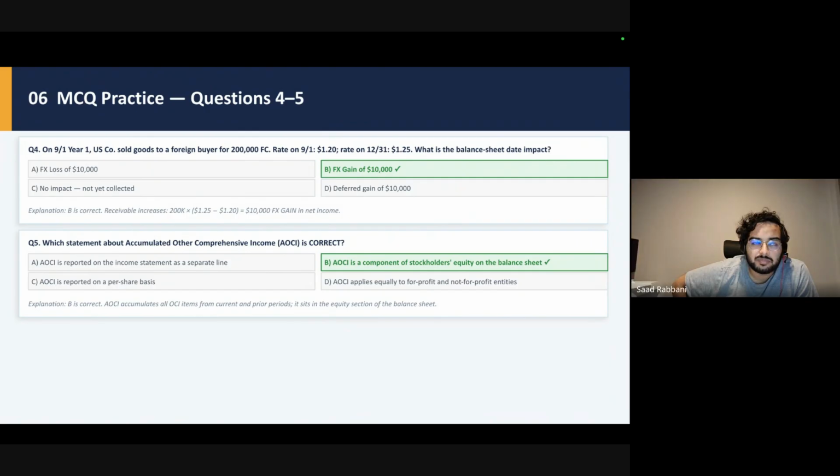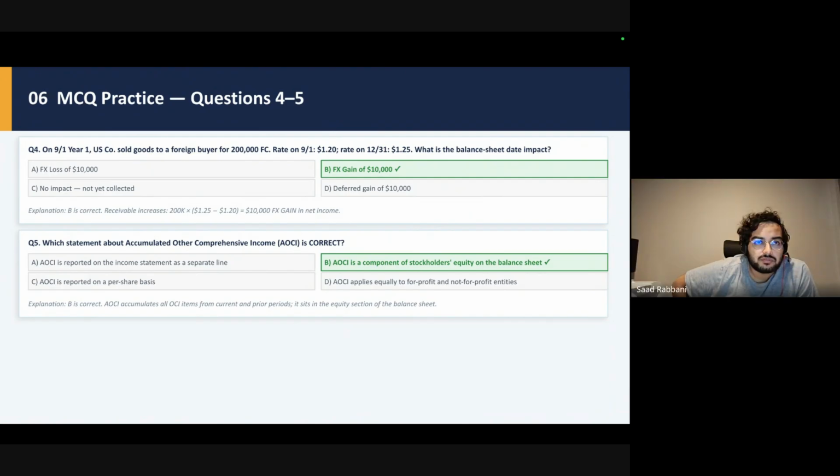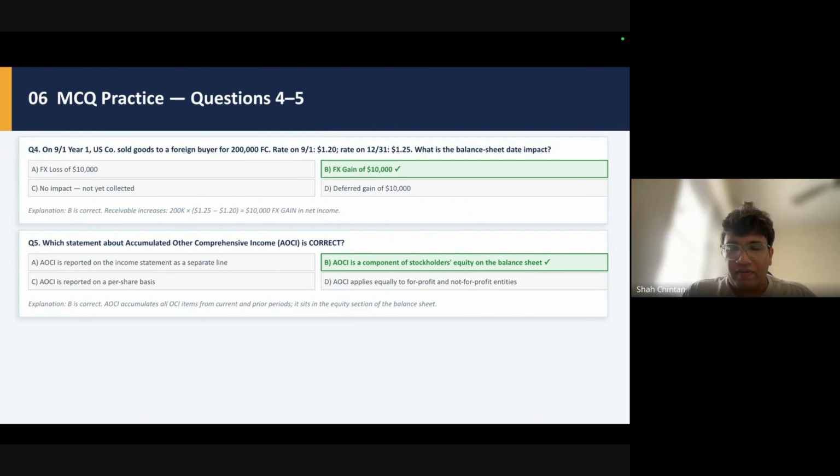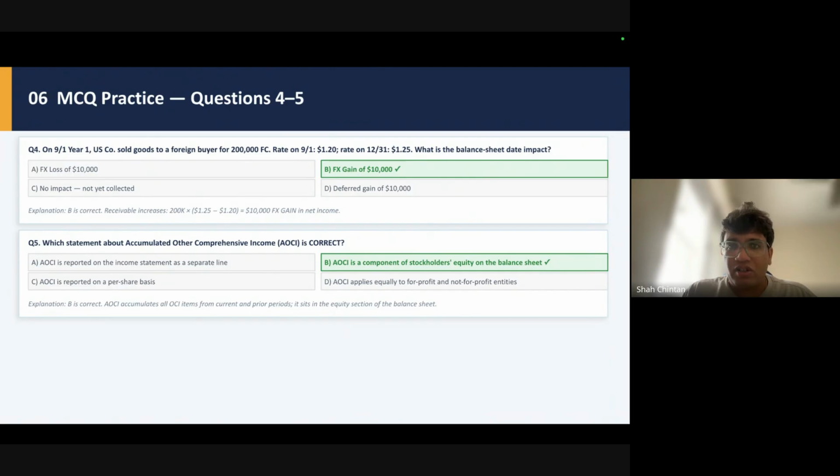B. Sure, confused? 0.05 gain. 1.25 minus 1.20. So 0.05 is a gain into 2 lakh foreign currency, that comes to $10,000. Yes. Confused नहीं होना, why it is not loss?